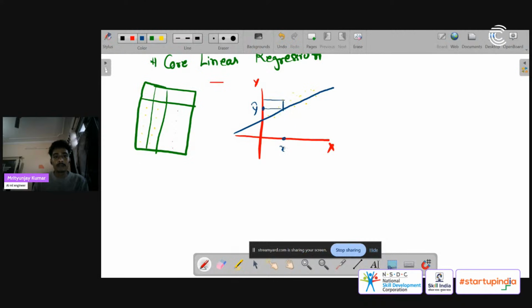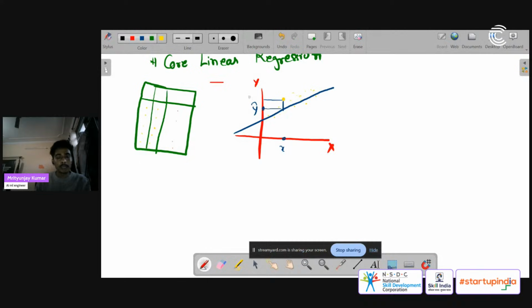Here you can see for the x-axis, if we focus on this point, our correct output is like this one, but according to the line we are going to predict, we get this. So this line is not 100% correct for this x-axis.